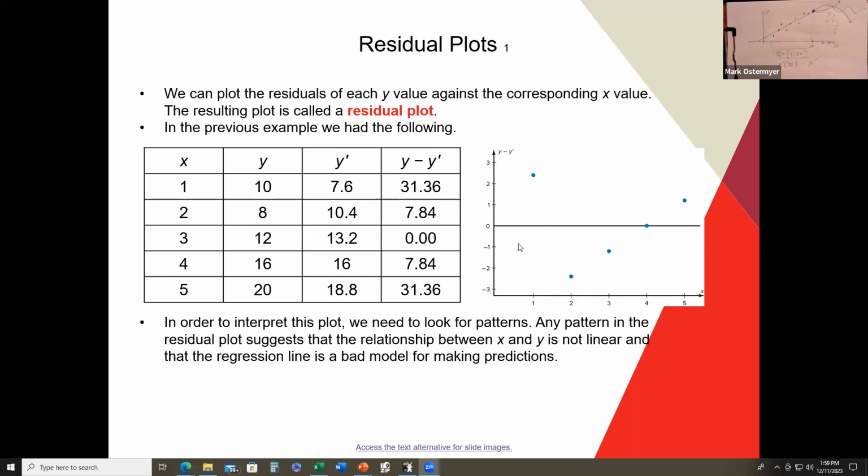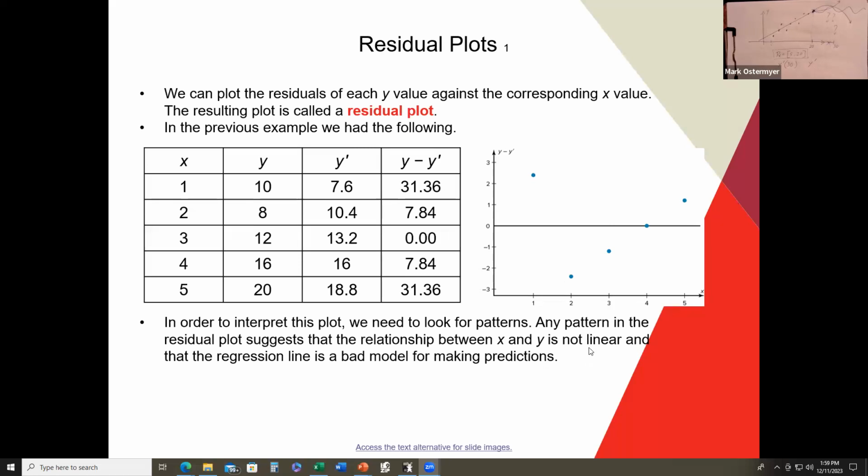The way you interpret this residual plot as far as the strength of linear relationship between x and y is that if there is any pattern to these points, if it appears that these points lie on a line in any way, shape, or form, then we would say that there does not exist a very good linear relationship between x and y.